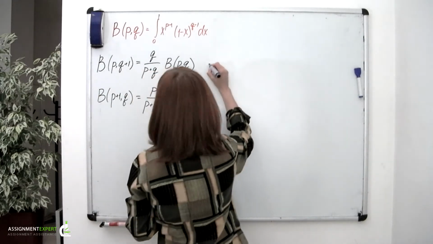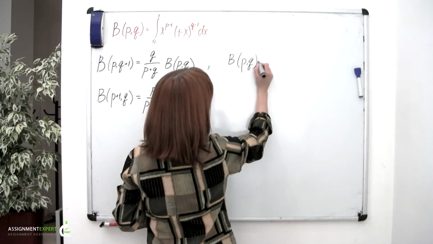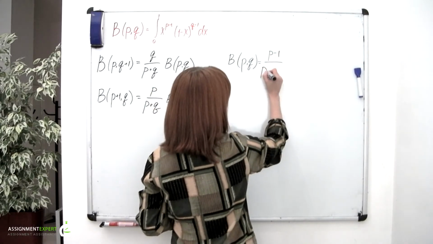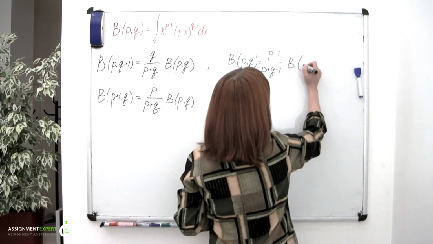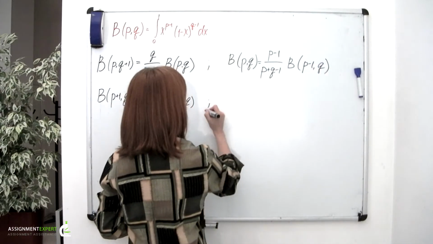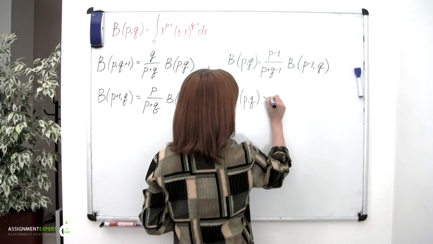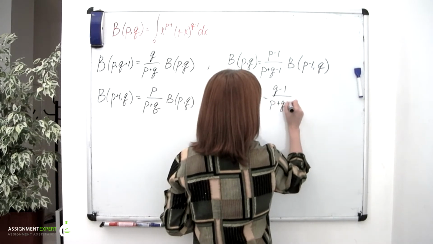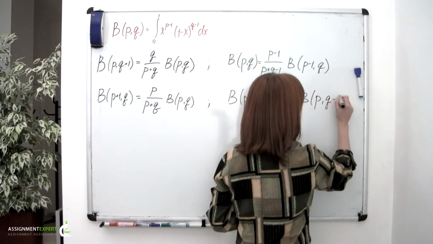And then beta of p and q equals p minus 1 over p plus q minus 1 times beta of p minus 1 and q, and then beta of p and q equals q minus 1 over p plus q minus 1 times beta of p and q minus 1.